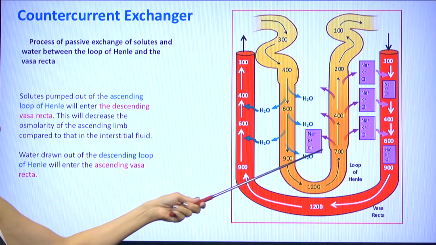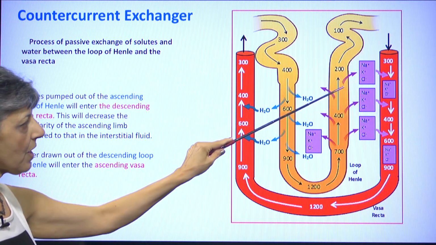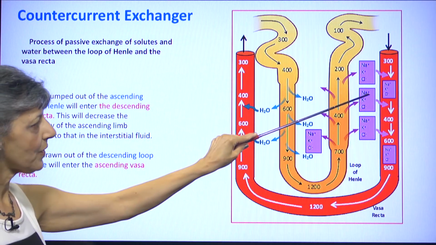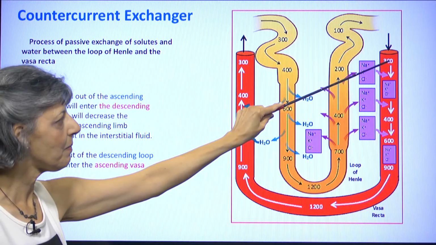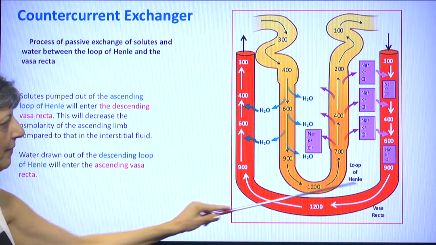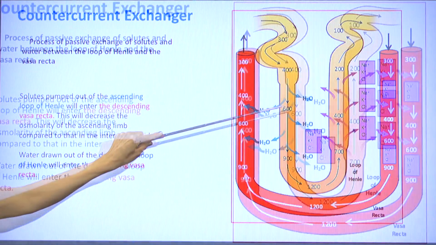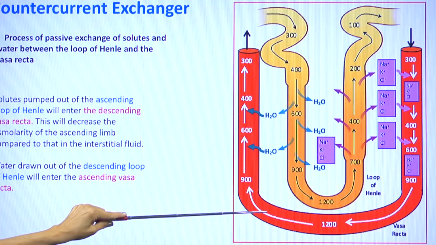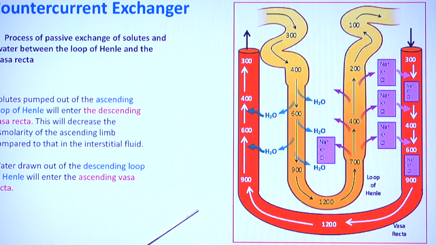We will look at the ascending loop when the solutes are moving out and into the interstitial fluid. Now they will be picked up by my descending Vasa Recta. Over here in the descending limb, when water is sucked out, it is going to enter into the ascending Vasa Recta.